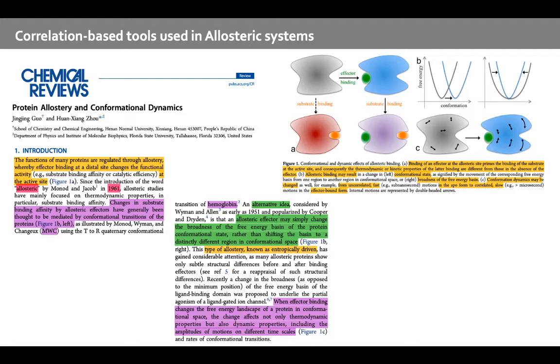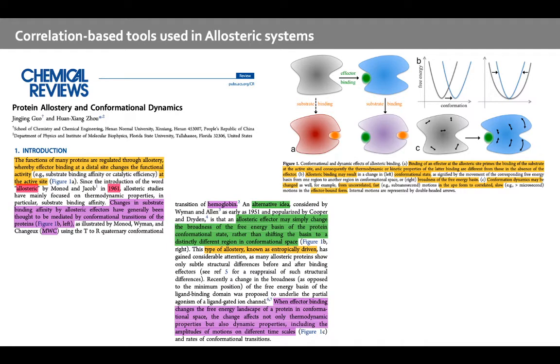Then we look at the distance matrix and we draw a line between the different nodes if the distance between, for example, the C alpha of residue i and residue j is smaller than 6 angstroms along the MD simulation. If that is the case, then we draw a line; if not, we don't draw a line between these two residues.